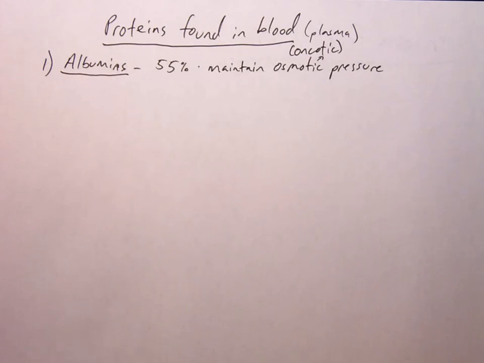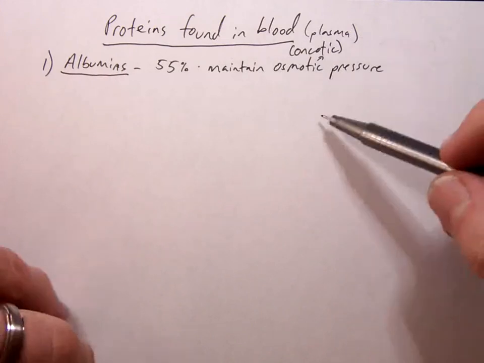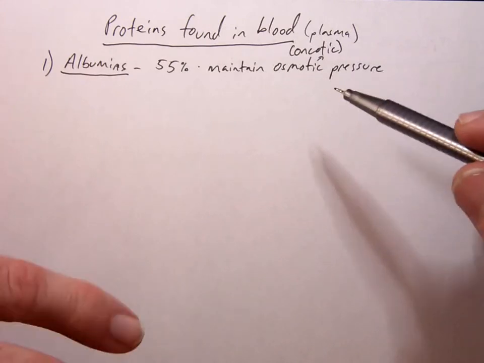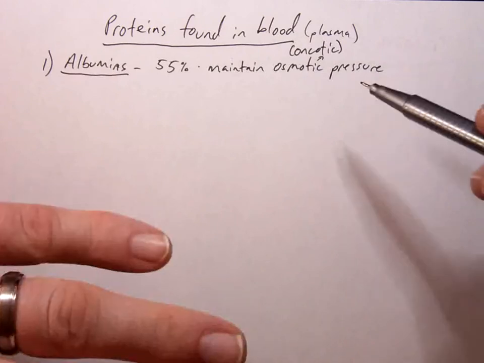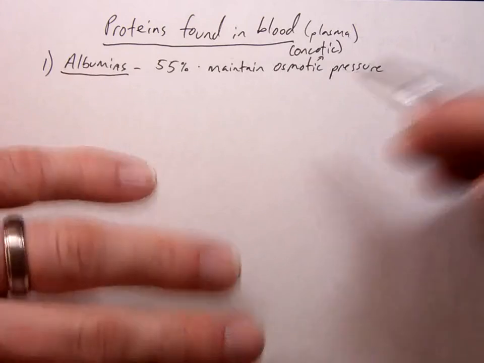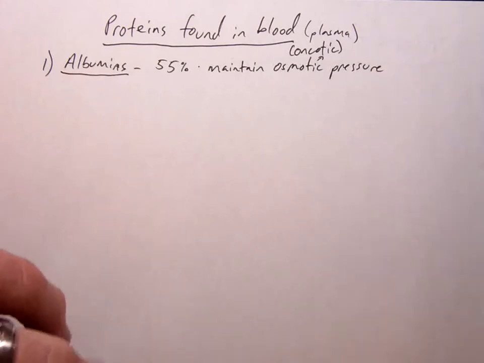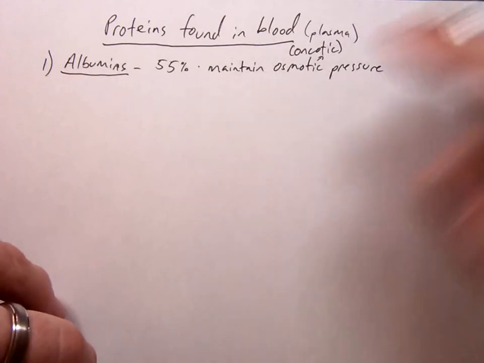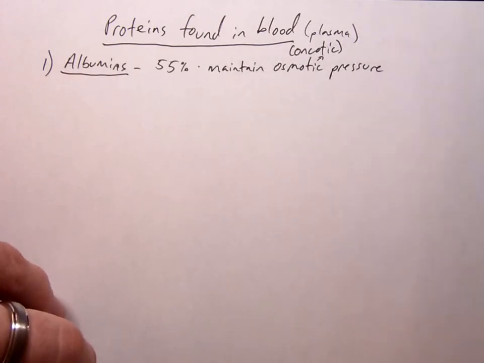Our cells need water, but it would go there at an even higher rate, because water has a tendency to move through a membrane in the direction where there is a higher concentration of solutes, like albumins and proteins. So having a high concentration in the bloodstream basically levels the playing field, making sure we have an even distribution inside the cells and inside the bloodstream so things don't go too far one way or the other. So this really is important to maintain a fluid balance between inside and outside of the cell.